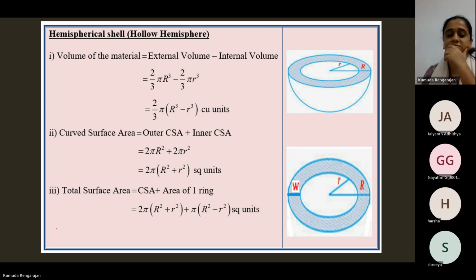Completed? No, ma'am. Okay, if we have to still complete the diagram portion, I'll share the image on WhatsApp.